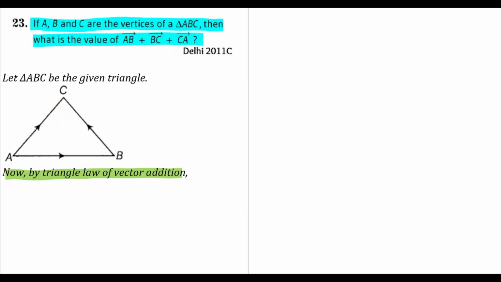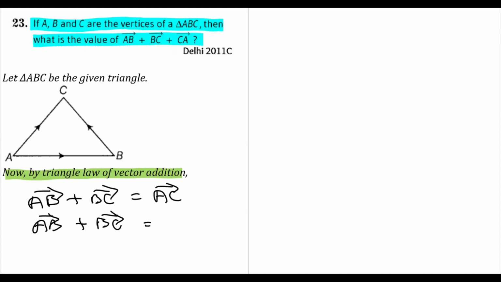So using this relation, I can write here that AB vector plus BC vector is equal to AC vector and not CA. Now further, AB vector plus BC vector is as it is, and you know that AC vector is the same as minus CA vector.